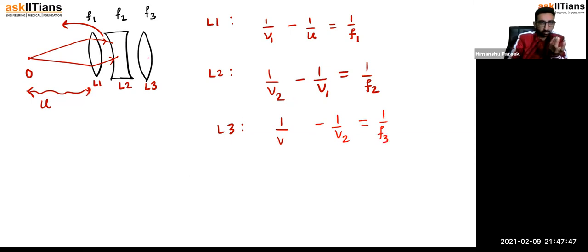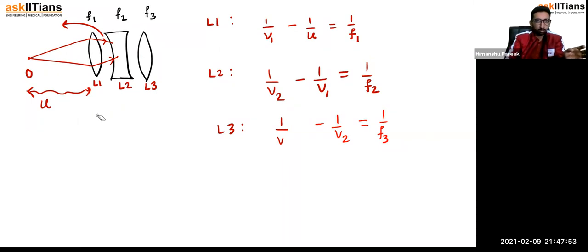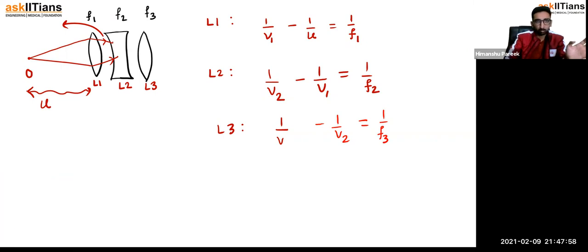So for the third lens, whatever image is formed by lens number 2 would act like an object for the third one. It would come this way and again converge, and accordingly the image will be formed.